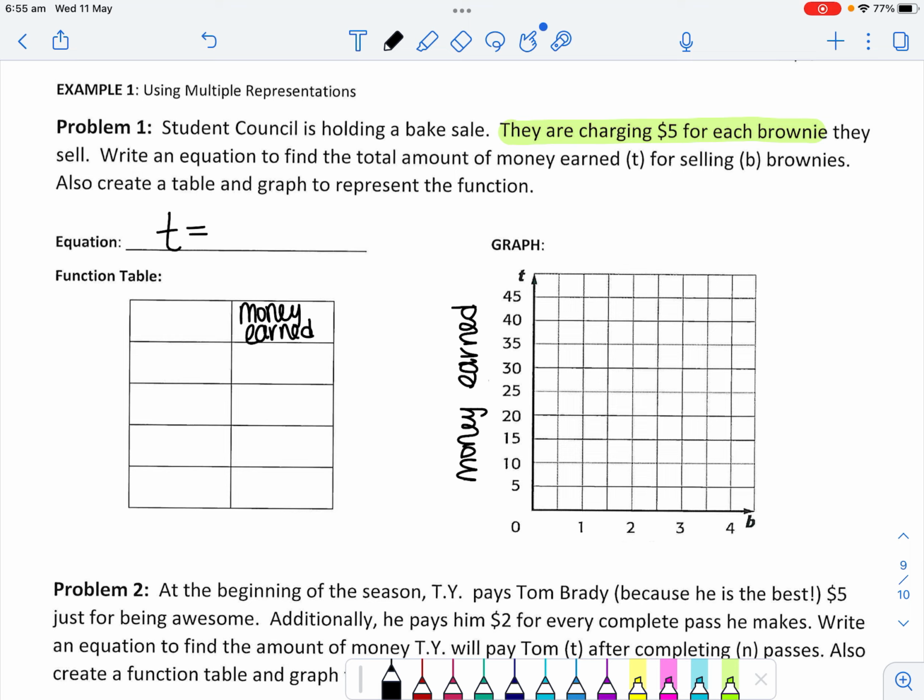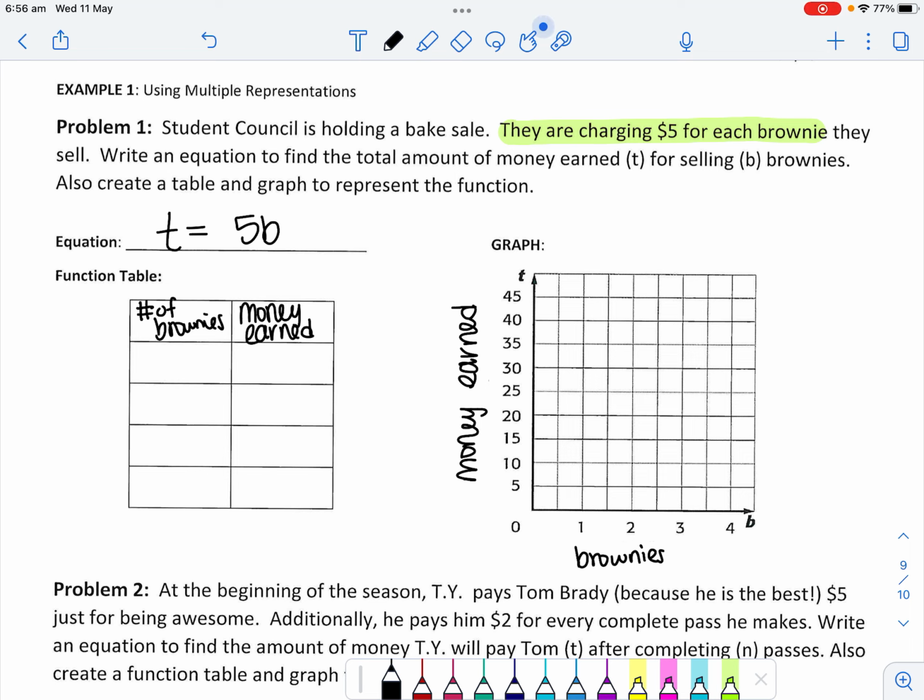So the money is the output in this situation, and then the input is going to be the number of brownies. And they are charging $5 for each brownie, which means $5 times the number of brownies.